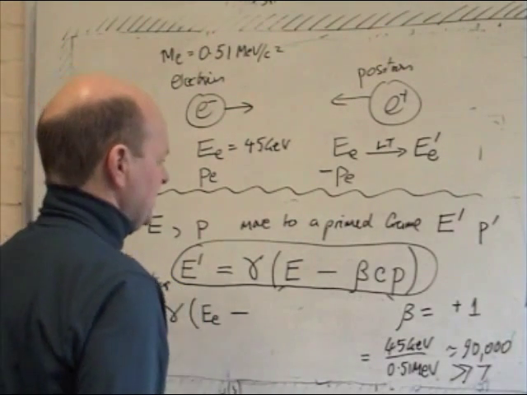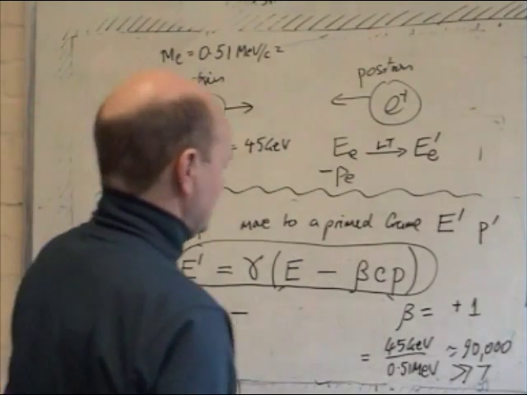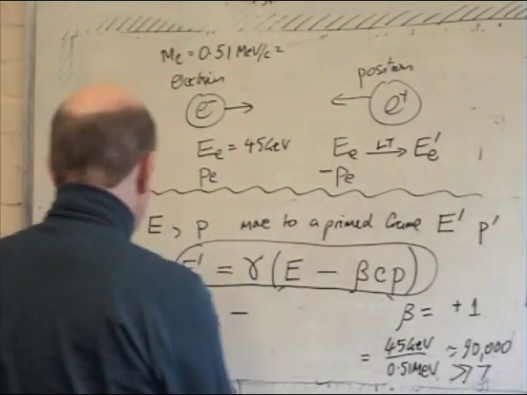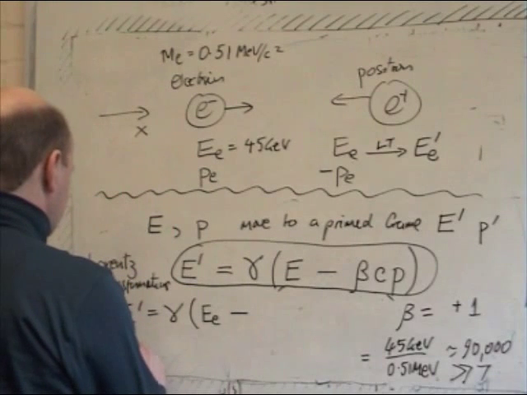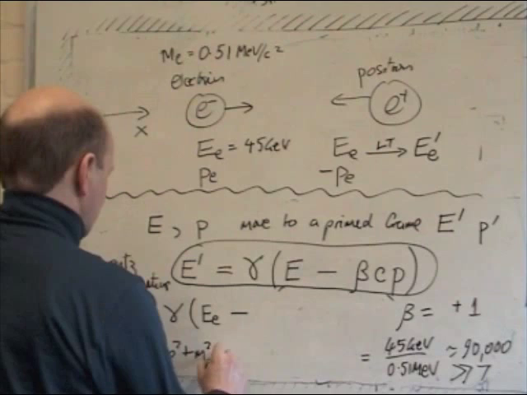Now c times p. If you have a particle which has a gamma factor of 90,000, you remember that E squared equals c squared p squared plus m squared c to the 4th in general.